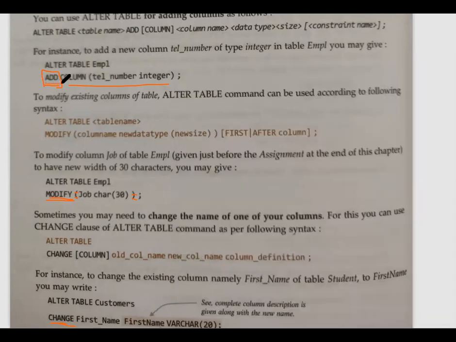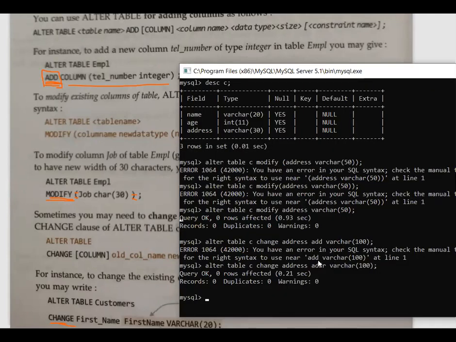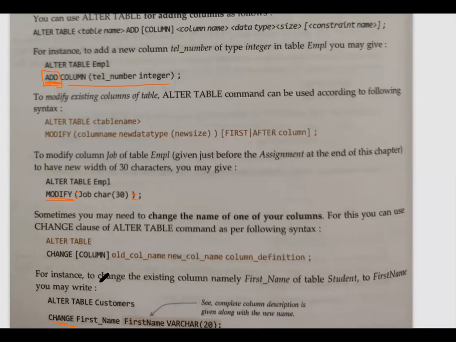Add is actually predefined in alter, so I cannot use the same name over here. Otherwise, it will indicate to MySQL that I want to add a column, which is not in the proper format. So therefore I'm going to get an error. I hope this is clear to you, how to use alter commands.